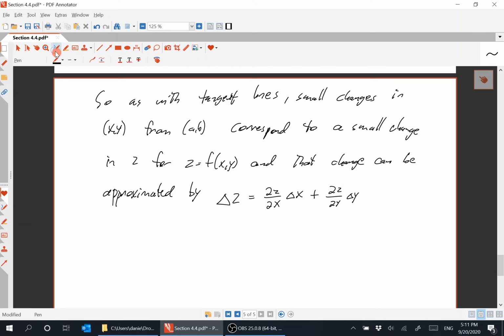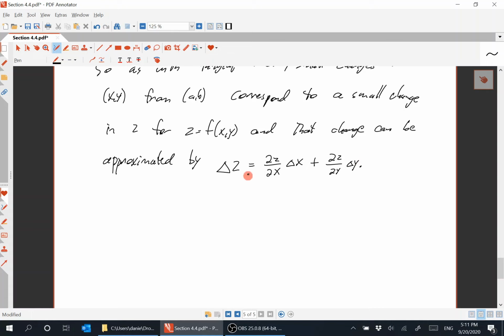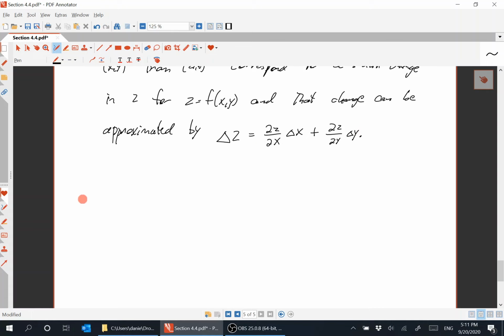So, for example, take z equal to this same function, with z(2, 1) equal to 3.